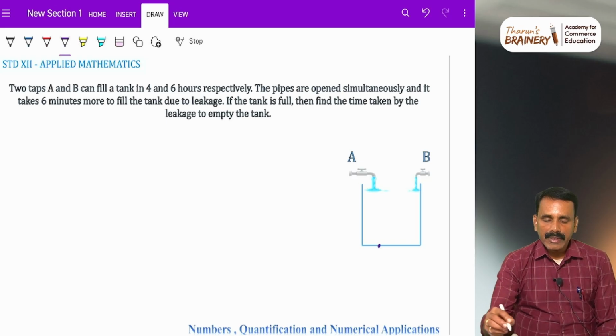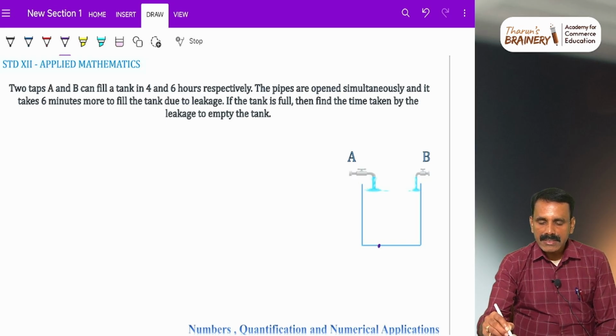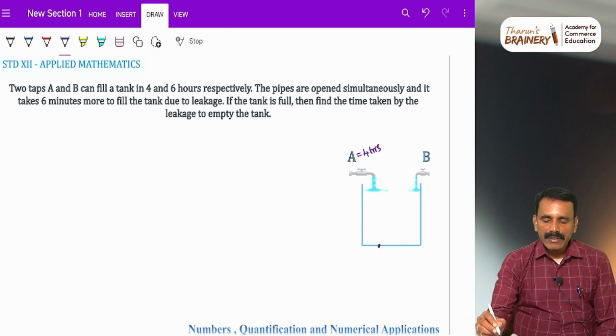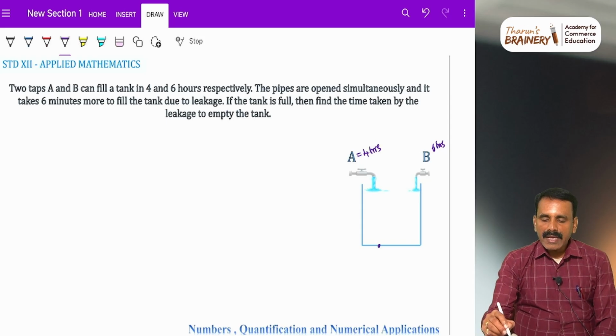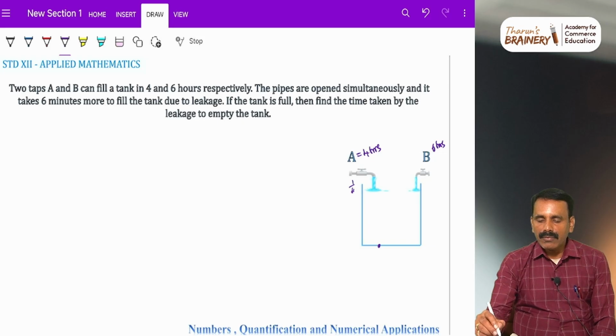Here we are having two taps. Tap A takes 4 hours to fill the tank and tap B takes 6 hours. Then part of the tank filled by tap A in 1 hour will be 1 by 4 and part of the tank filled by tap B in 1 hour will be 1 by 6.